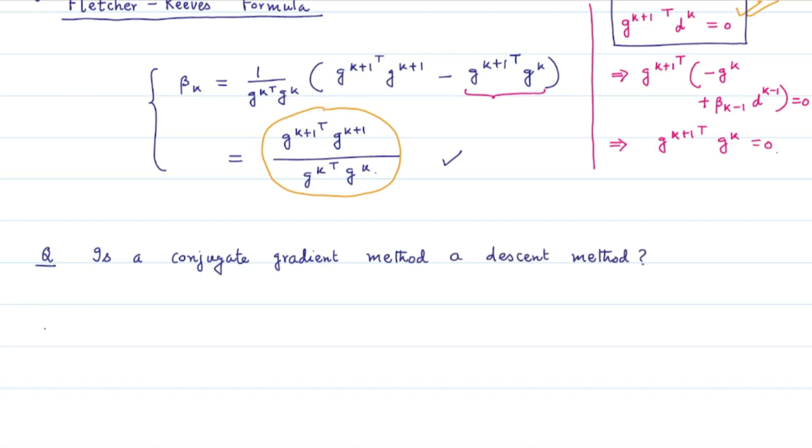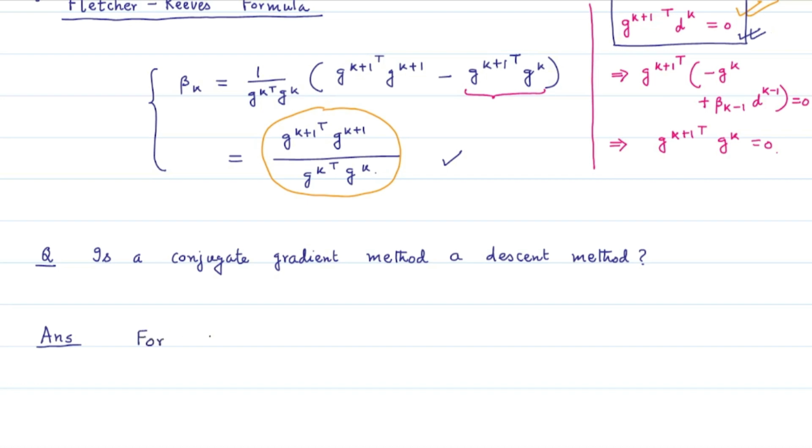To answer this question, we again recall the expanding subspace theorem: g_{k+1} transpose d_k is equal to 0 for a quadratic function with positive definite Hessian.